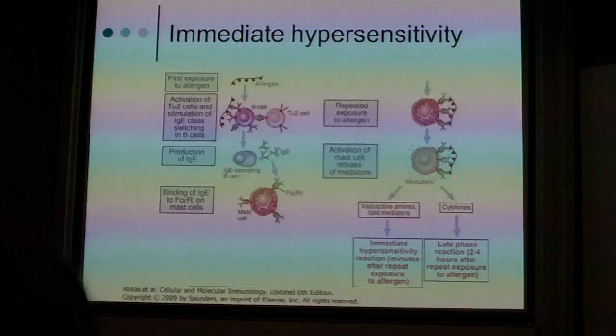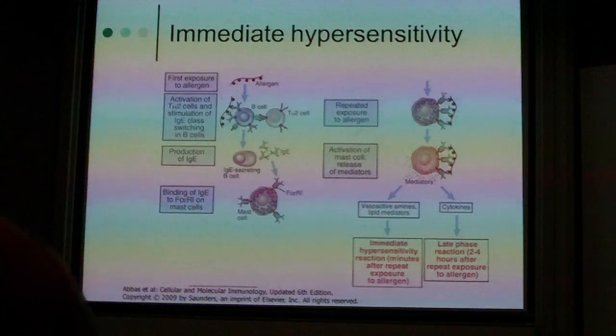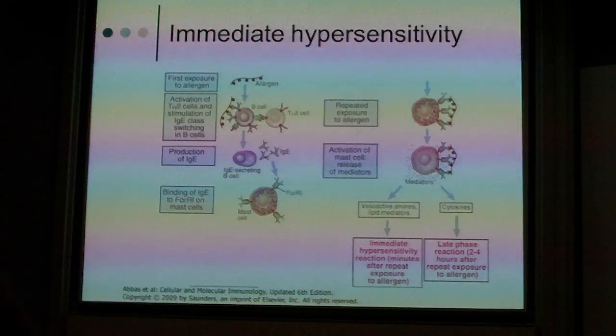And this pathway, the direct release of vasoactive amines like histamine, creates the immediate hypersensitivity reaction, which occurs minutes after you encounter the allergen. That's the first immediate reaction, of course.